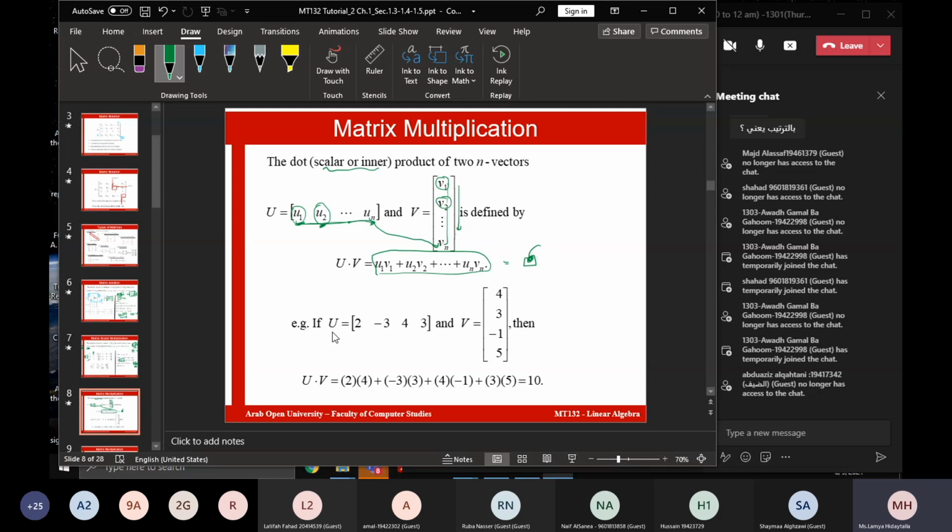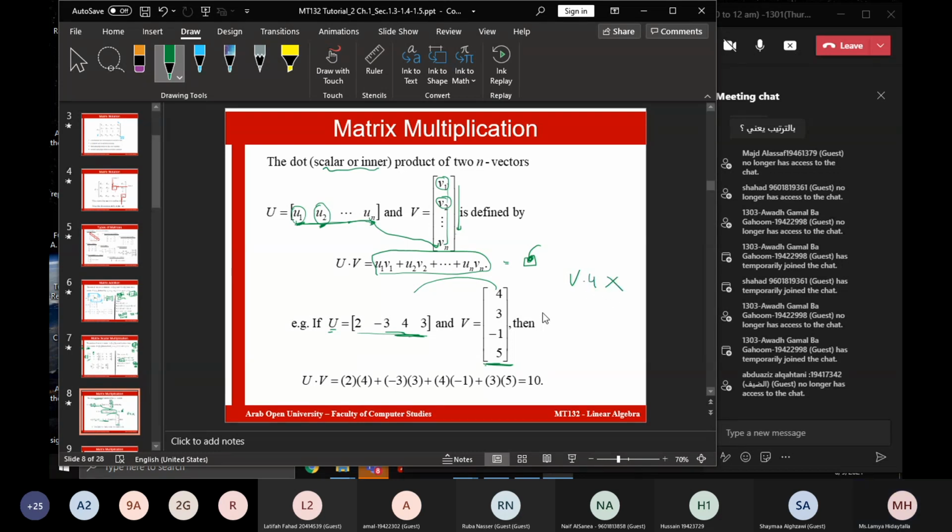Let's take an example. The vector U, this vector has how many components or elements? 4. Now this is the other vector. It must be row times column. It could not be column times row. Only row times column. If I reverse it, can I get V times U?